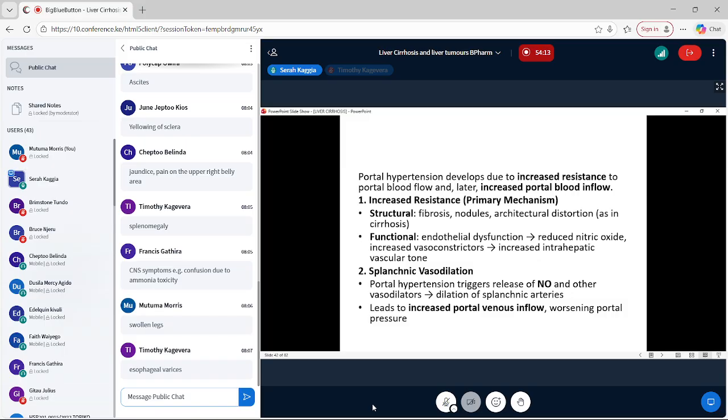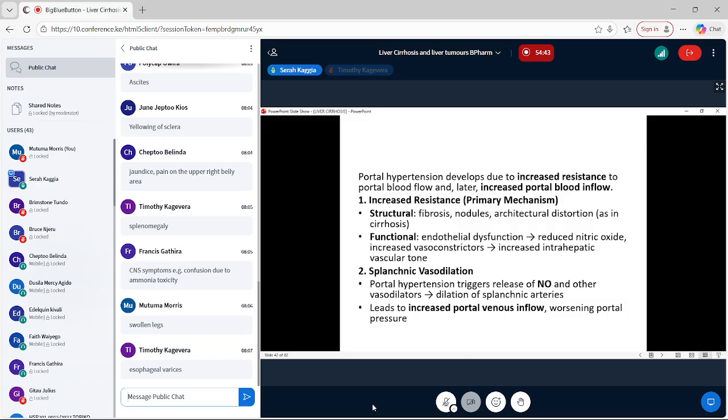So we are saying when you have this portal hypertension, there's vasodilation of those areas, in the stomach, in the intestine, that whole splanchnic area. Portal hypertension triggers release of nitric oxide, etc., within the intestines, the gut. Not different from what was happening in the dysfunction in the liver with the toxins. This is just another reaction.